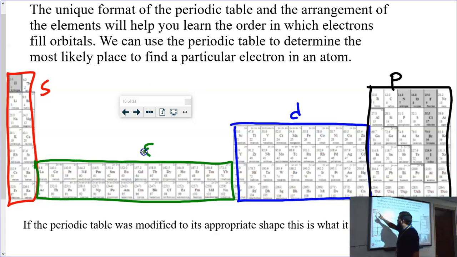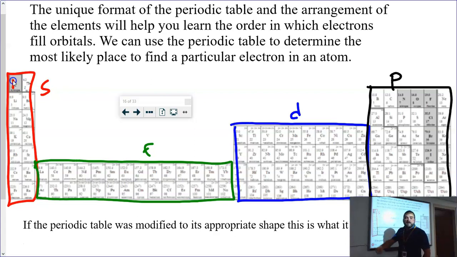But each box on the periodic table no longer represents elements. They're representing electrons. So if I want to add 1 electron and make a hydrogen atom, that electron is in the S block. There's my 1 electron. I'm going to make a 1 there.